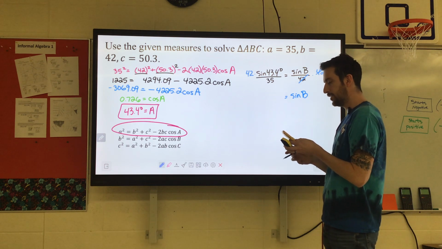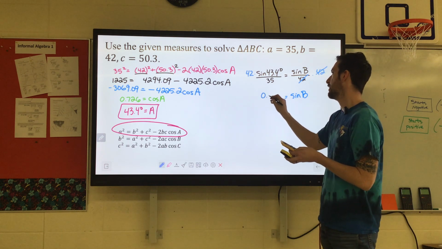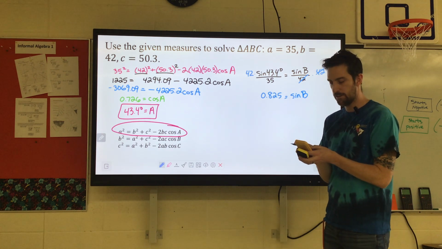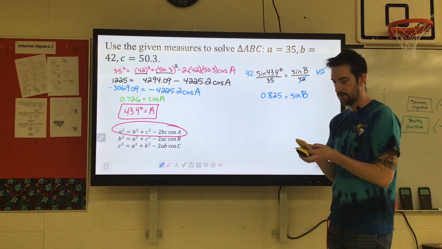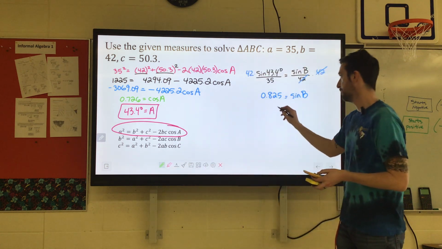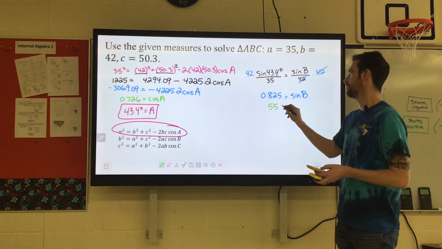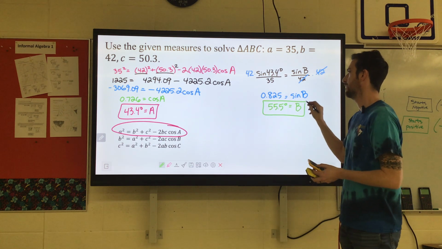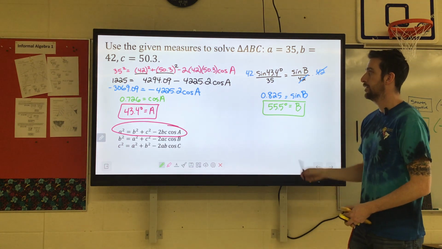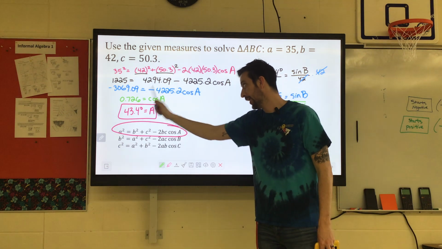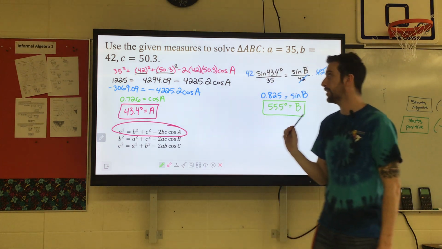I have 0.825 if I round. Then we're going to do the sine inverse there. And I have 55.5 degrees. So that's angle B. Hey, that's a good sign. Side A is smaller than side B, so angle A is smaller than angle B.